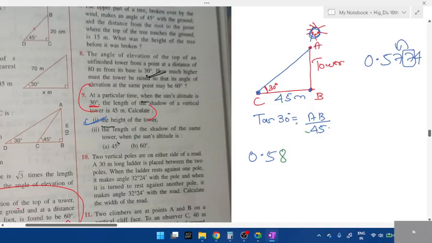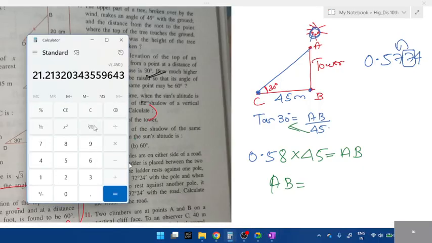Next, multiply this by 45. This is how you find the height of the tower. If you have your textbook, can you check the ninth one, first one? I'll write the answer. You just check it, students. I'll write it. 45 into 0.58.